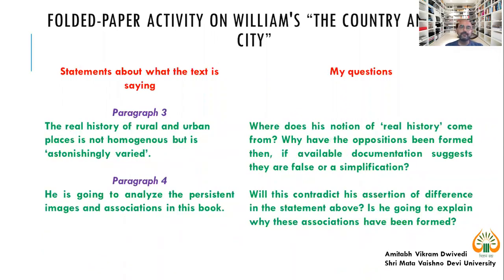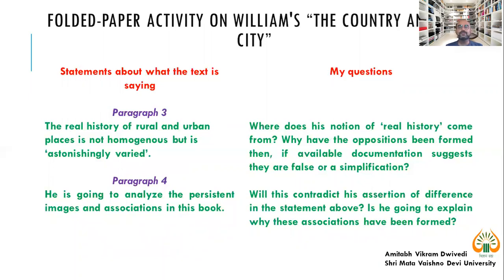Then the third paragraph: the real history of rural and urban places is not homogeneous, but is astonishingly varied. So this is a very brief summary of the third paragraph. And now, as you can see, my opinion: where does his notion of real history come from? Which history is Raymond Williams talking about? Is there something known as real history?